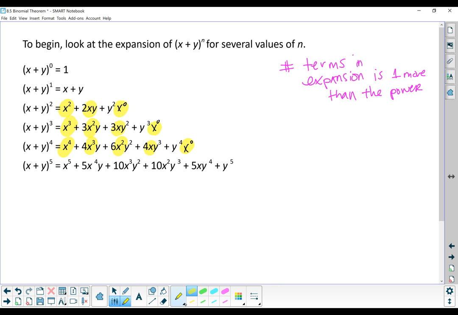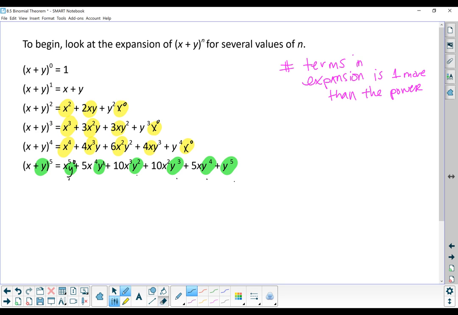And you might notice the opposite pattern happening with the y on the other side. It has a 5th power on the far end, and it is decreasing if you move to the left. So as one power is stepping up, the other power is stepping down. This one would start with y to the 0 power, 1 power, 2 power, 3 power, 4 power, 5 power on the y.